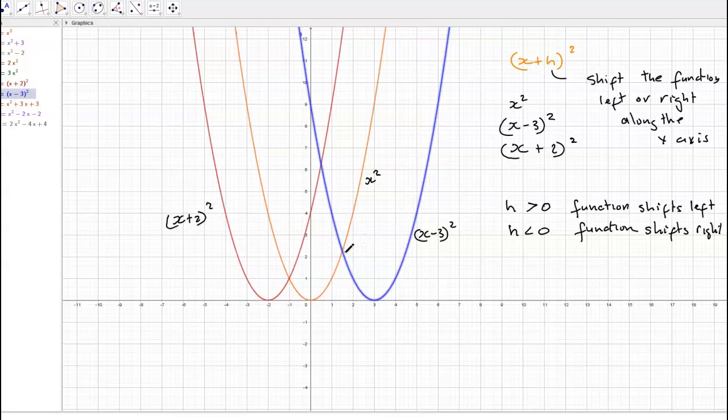We can see our blue function has shifted 3 positions right. H was negative, so it moved in the opposite direction, in the positive direction. On this function, H has a value of 2, but it's shifting 3 units left, so it's shifting in the negative direction. So depending on the value of H, the function shifts in the opposite direction.